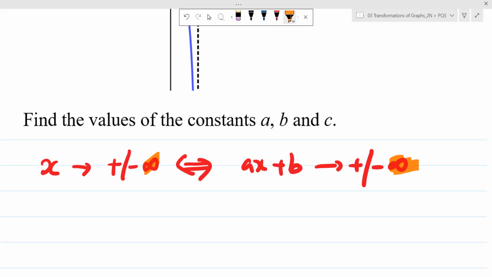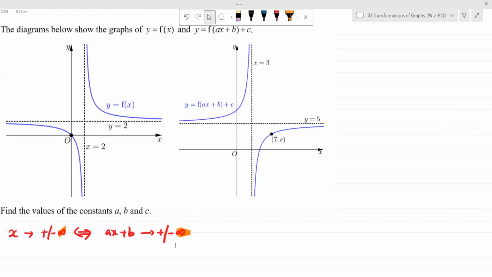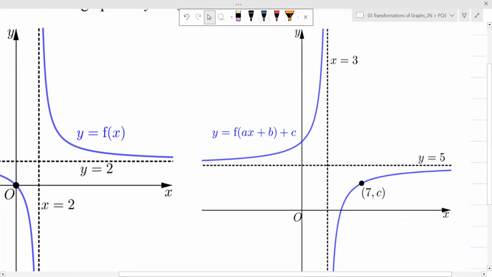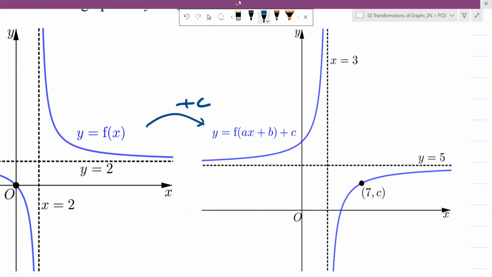Okay, so why do I say this? Once I understand this, in terms of horizontal asymptotes, the only thing that is causing a difference between the one on the left and the one on the right is the plus C. Whatever happens in the f is inconsequential for the horizontal asymptote.